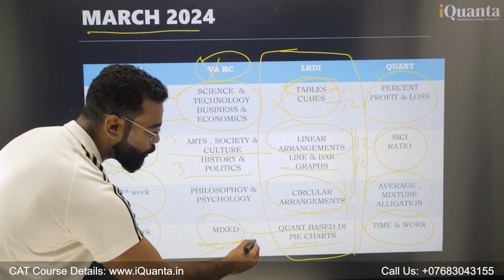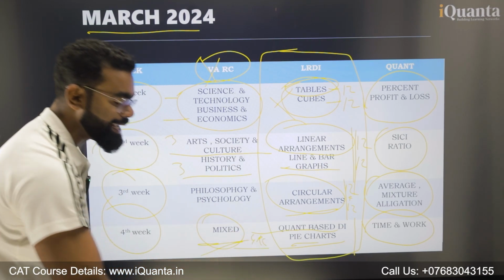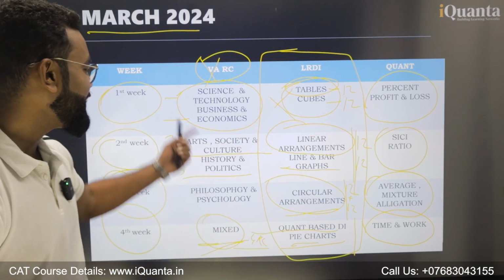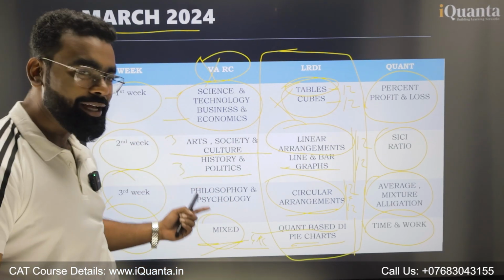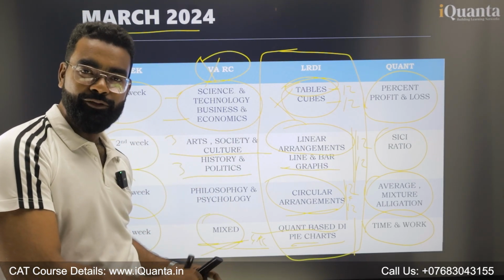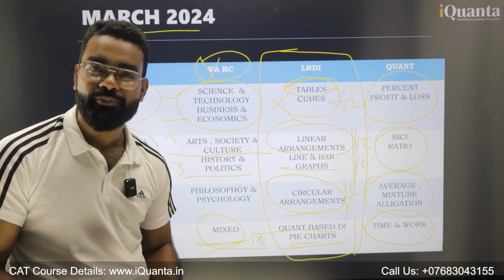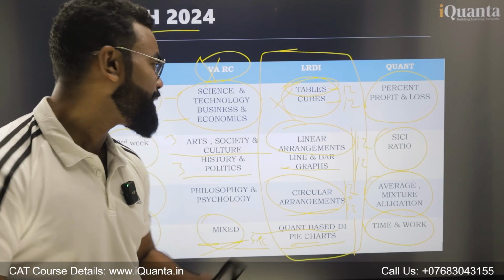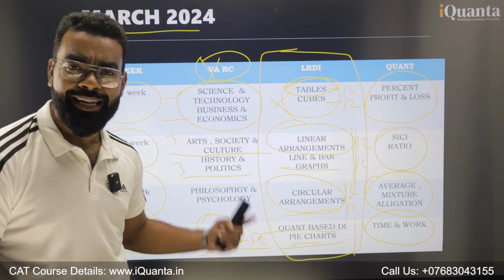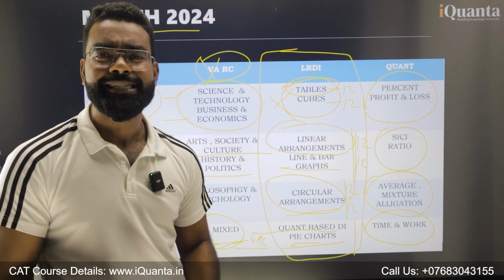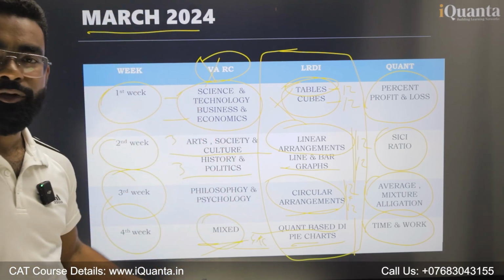So you do 4 RC sets every day with mixed concepts, any 4 sets, but don't do the same kind of sets again and again. The first 3 weeks are only for specific passage types.